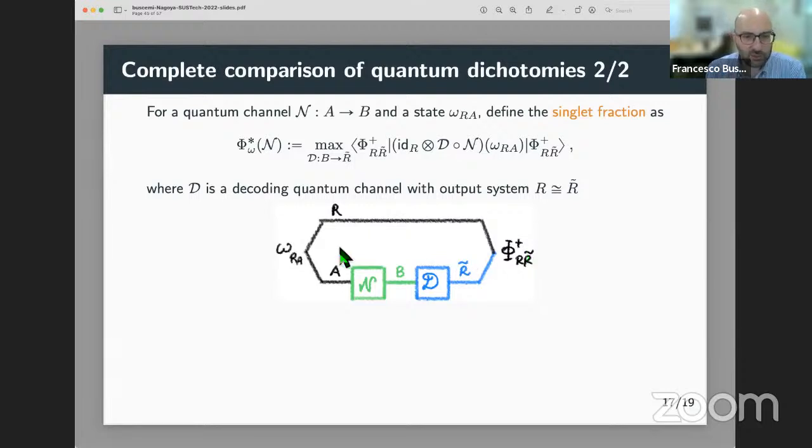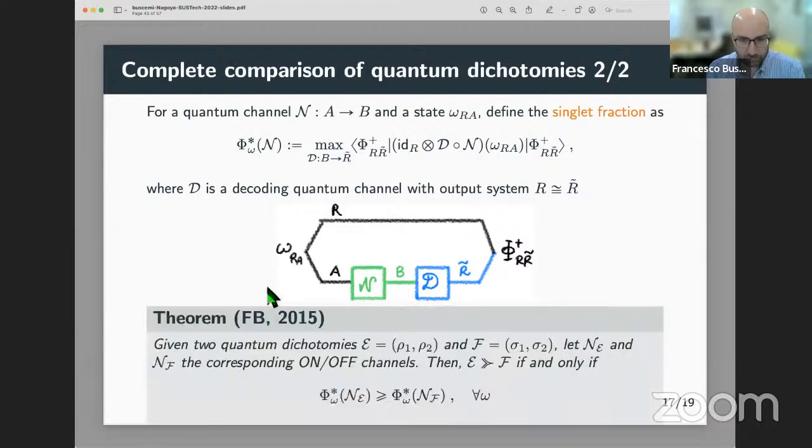Here, it's a bit different. Here, the idea is to apply a decoding after the channel in order to maximize not a guessing probability, but a singlet fraction. So this is a maximally entangled state. And here you have some mixed state to start with.